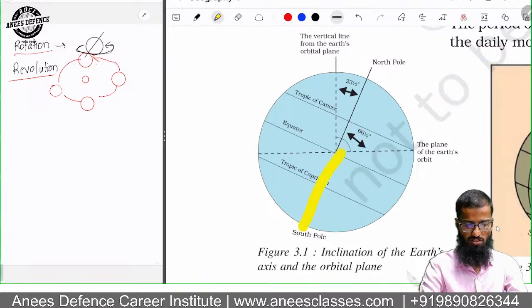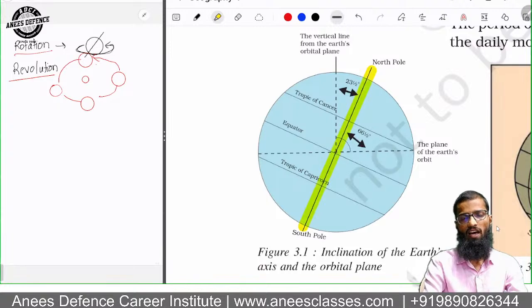This is the axis over which the earth spins. This angle is important for us.